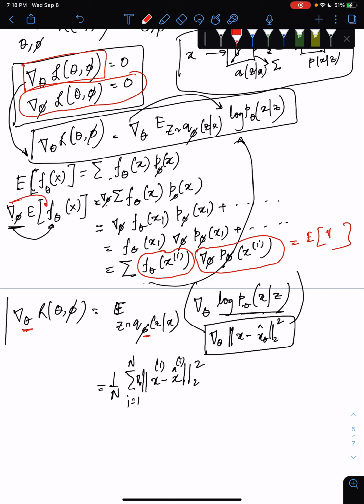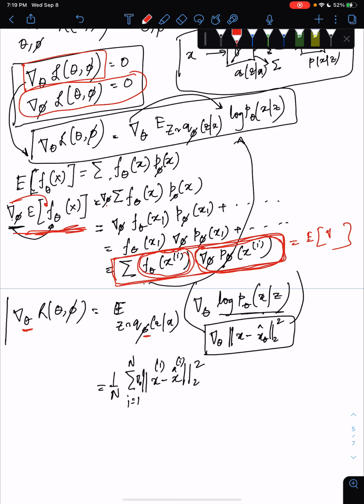We did a bit of algebra, and we saw that this gradient is nothing but this expression written in terms of this expression, and neither this is a probability distribution, nor is this a probability distribution. So this summation is not an expectation.